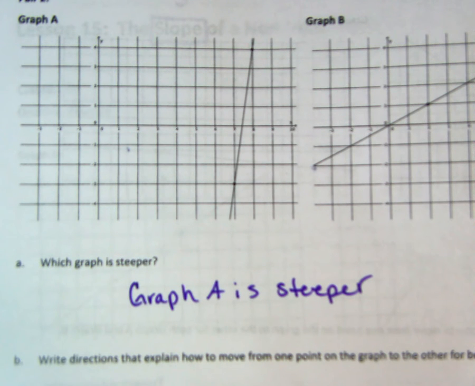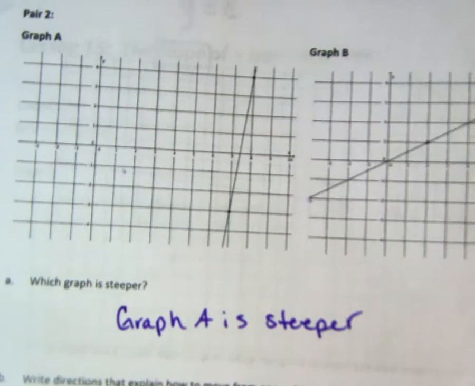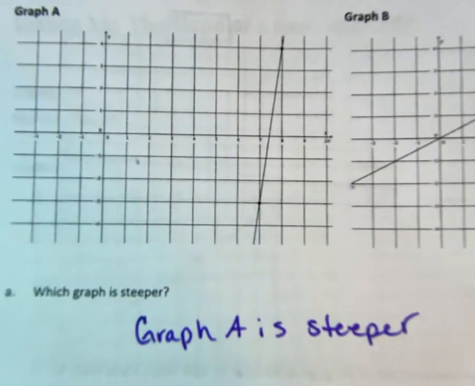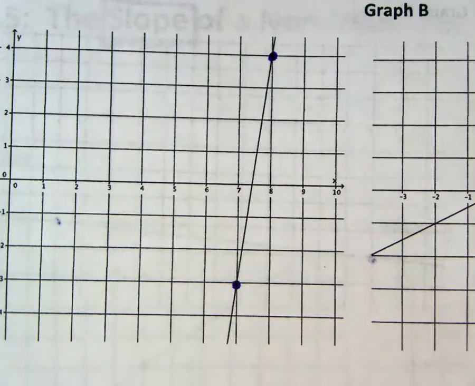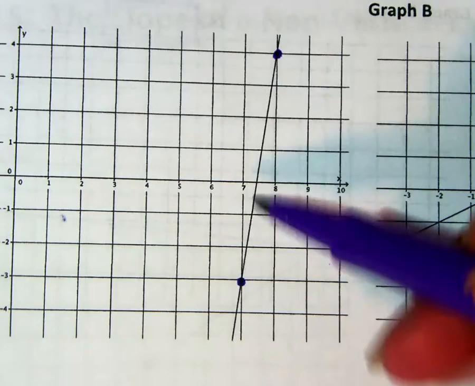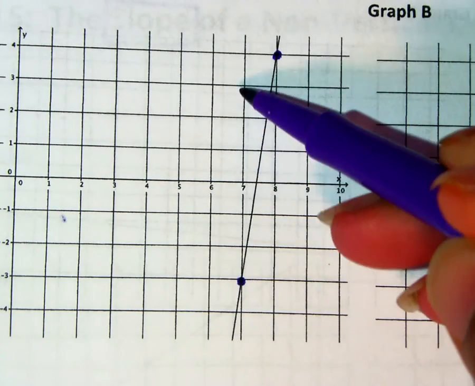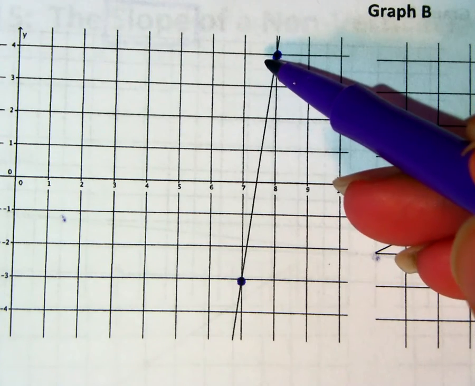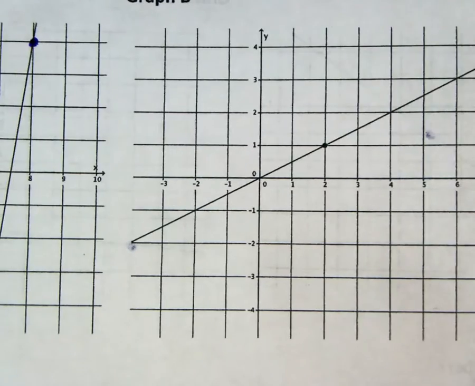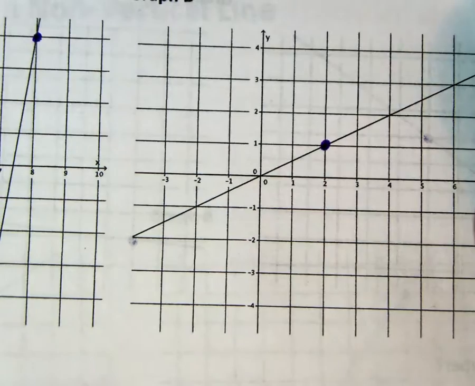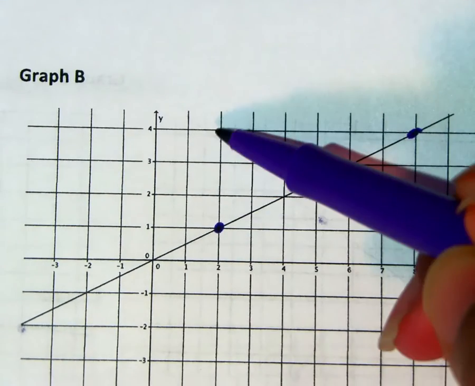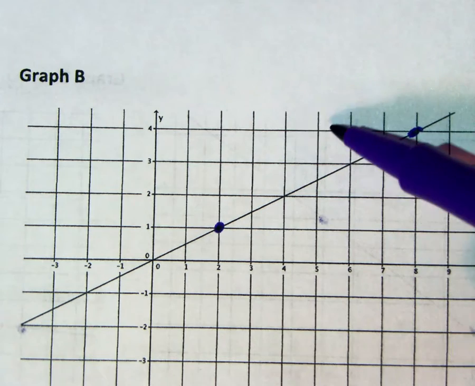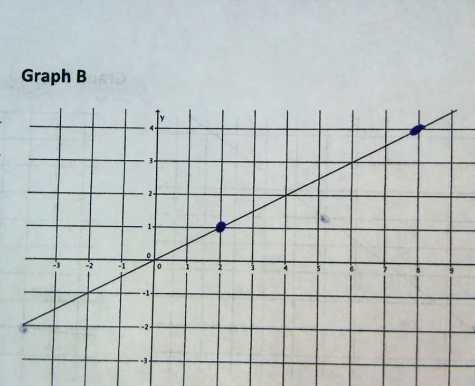Write the directions that explain how to move from one point on the graph for both graph A and graph B. In graph A, I want to move 7 units up and 1 unit to the right. In graph B, I want to move 3 units up and 6 units to the right.